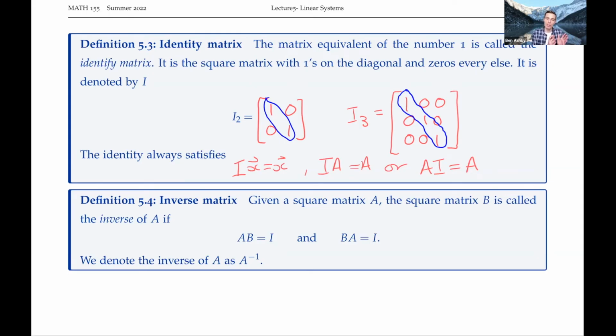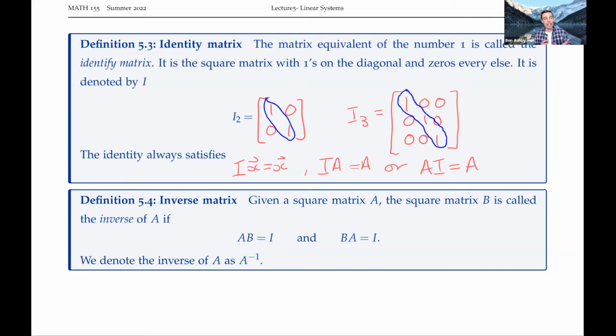Whenever we multiply a matrix by the identity, whether it's on the left or the right, we just get the same matrix back again. And this is just like in scalar multiplication when we multiply something by 1. When we do 1 times 2 or 1 times pi, we just get 2 or pi back again.